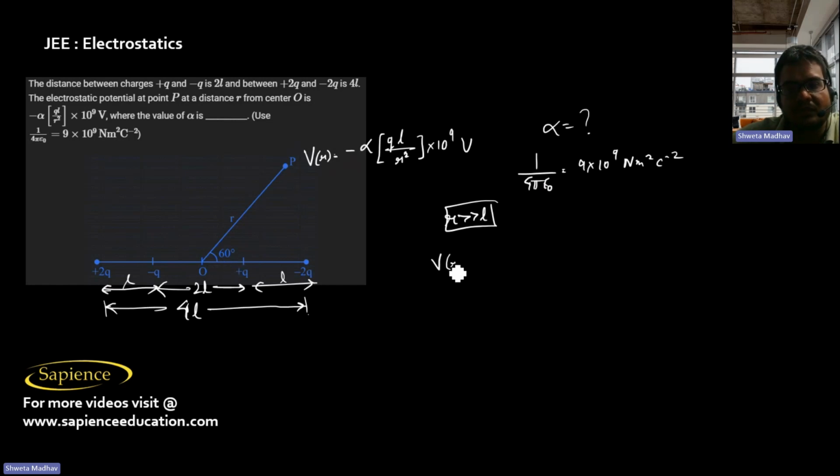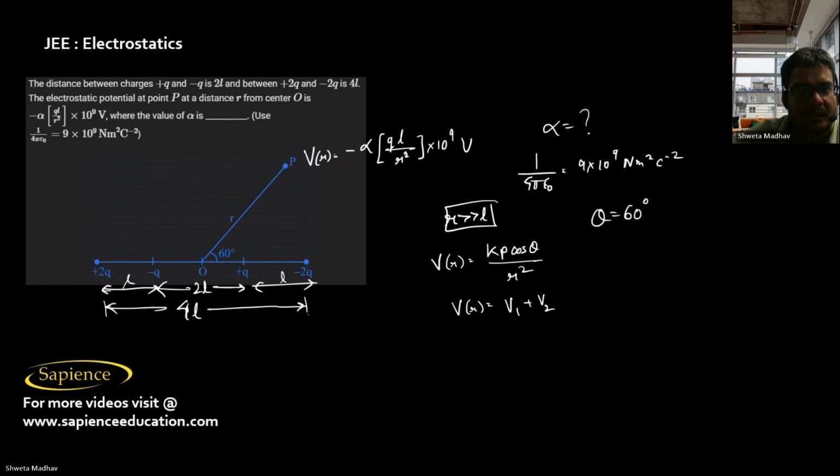So V at the point R we know is equal to Kp cos theta by R square. Okay, so here angle theta is 60 degree. So V at R will be equal to V1 plus V2, means the electric potential due to the first dipole and the second dipole.